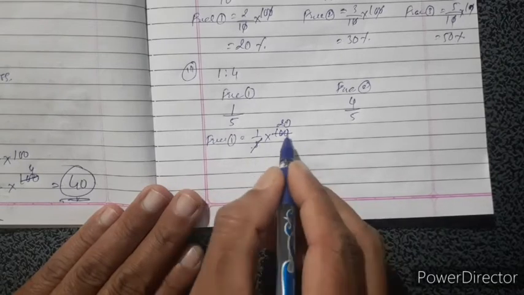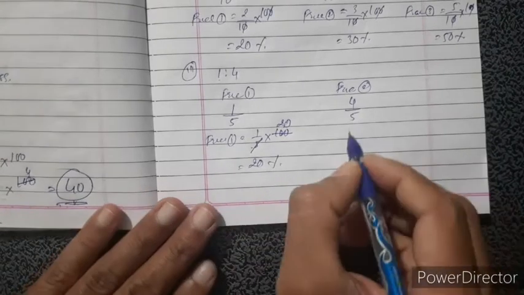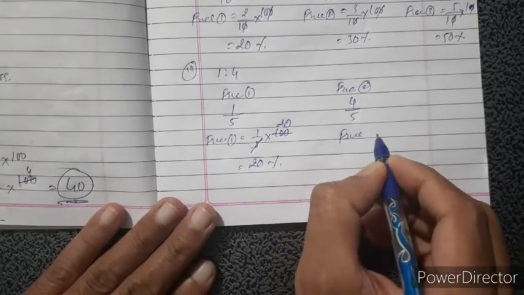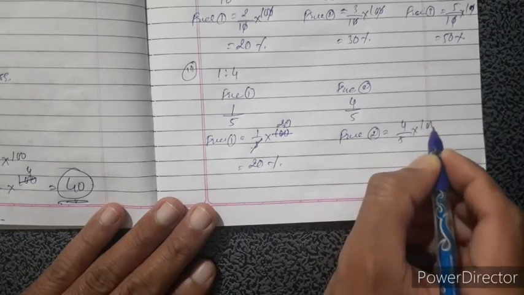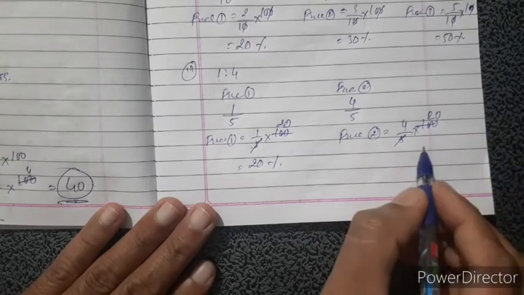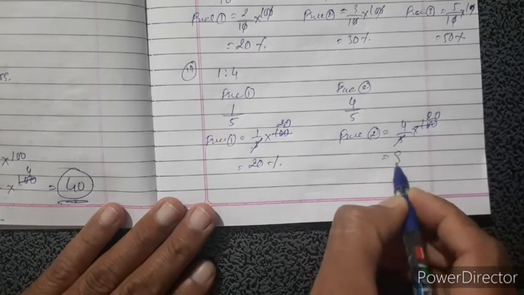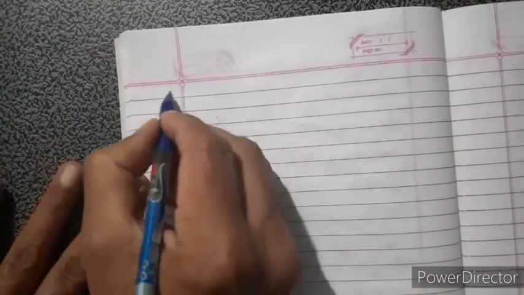Okay, so 5 cut, so 20 into 1, that is 20 percentage. Same here, fraction 2 equal to 4 upon 5 into 100. 5 20s are 100, and 20 into 4, that is 80 percentage.